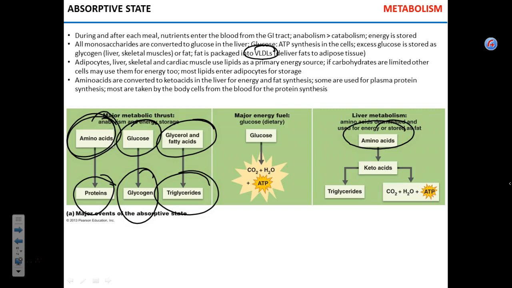Now, some of the proteins will be used as the energy source. Some glucose will go into glycolysis, some glucose will go into lipogenesis. It's inevitable. But we talk about what dominates. Does that make sense? But most amino acids that are consumed during the absorptive stage will be used for protein synthesis.